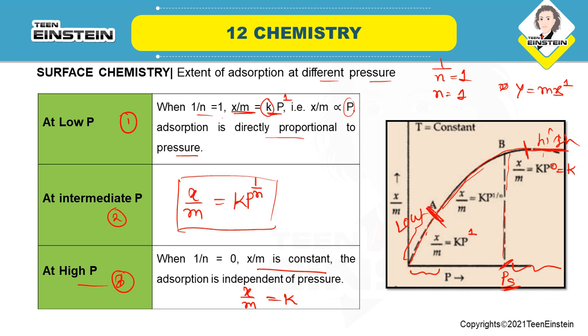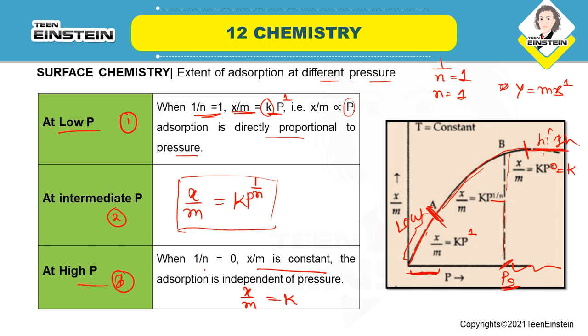That is the range between a and b, it will be such that where 1 by n is ranging from 0.1 to 0.5. But if it is greater than or less than this, for example, if 1 by n is 1, that means it is not falling in the range, then it will be k p to the power 1. So this is actually at low temperature, that is in this region, and here the line is perfectly straight line going through origin.